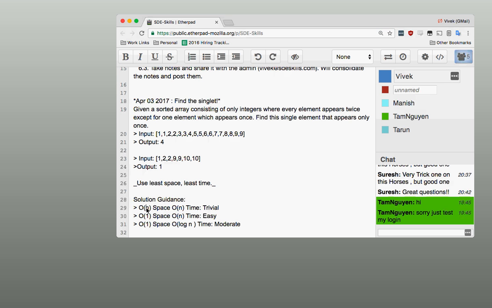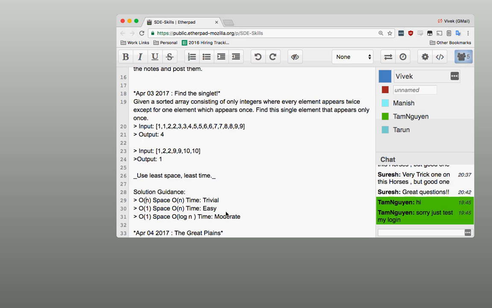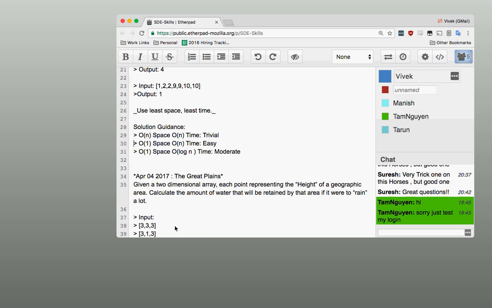Does anyone know the O of n time, O of n space solution for this? I would say using the hash map. Yep, you could use a hash map. Every time you find something unique, you put it in the hash map, and every time you find something that is already in the hash map, you delete it from the hash map.